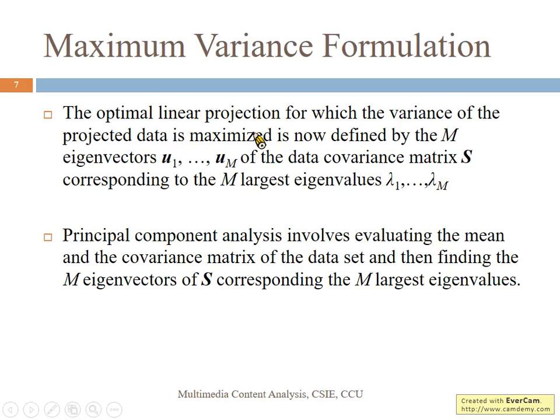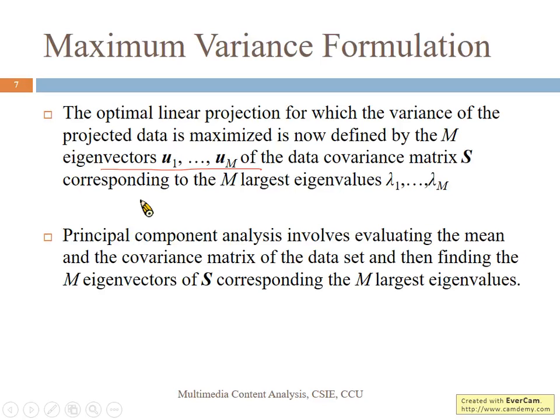So the optimal linear projection for which the variance of the projected data is maximized is now defined by m eigenvectors u1 to um. In previous slides, we just set m equal to 1, which means we project all data points into one-dimensional space. But if we want to project the original data points into m-dimensional space, we need m vectors. So how can we find these m vectors?